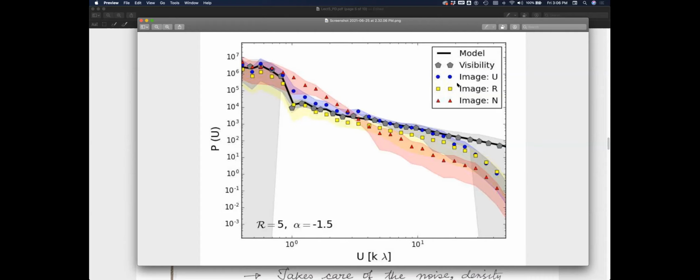Then I have three different ways of estimating the image, and I don't want to go into what they are. But you see that the power spectrum calculated from these three different ways of estimating the image, the circles, the squares, and the triangles, none of them follow the black line. So if I use the image to estimate the scale structure in the sky, I will estimate something which doesn't represent the sky.